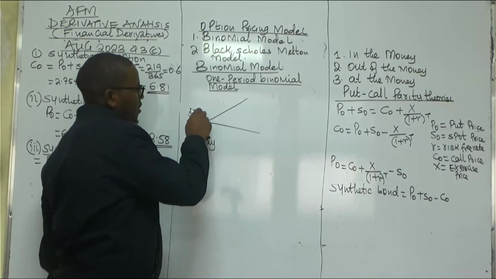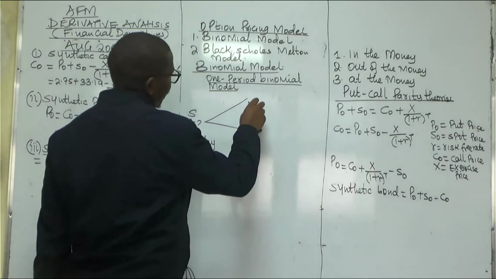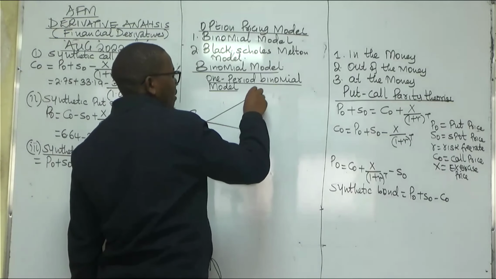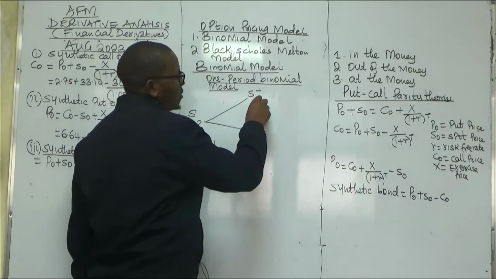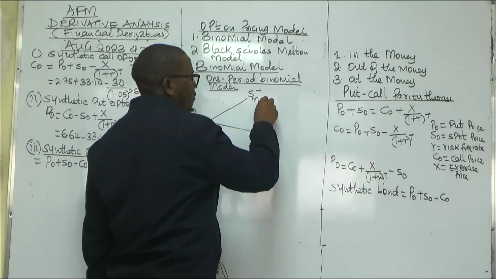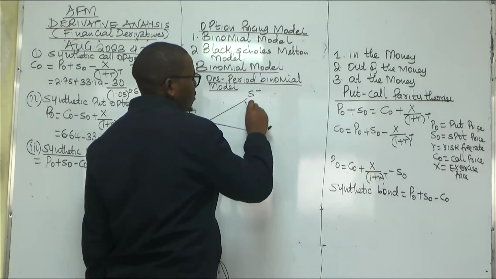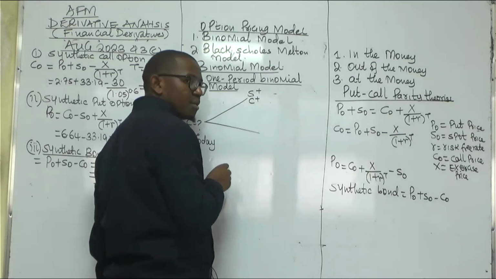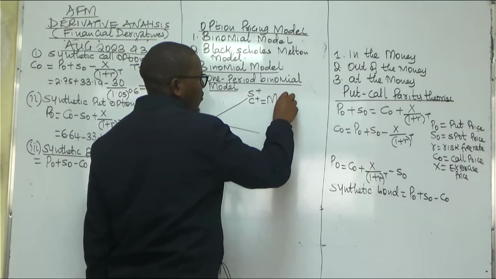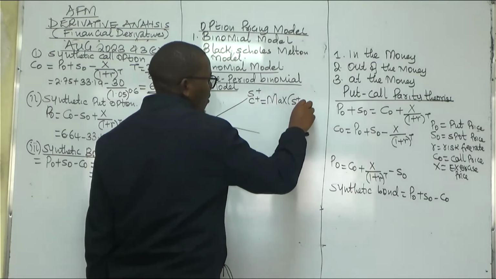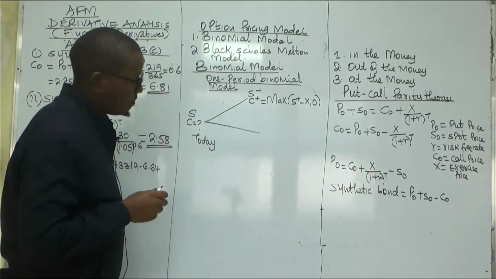Let me just use the word S. When the price goes up, the value of a call here, C plus, will be the maximum of S plus, minus the exercise price, compared with 0.